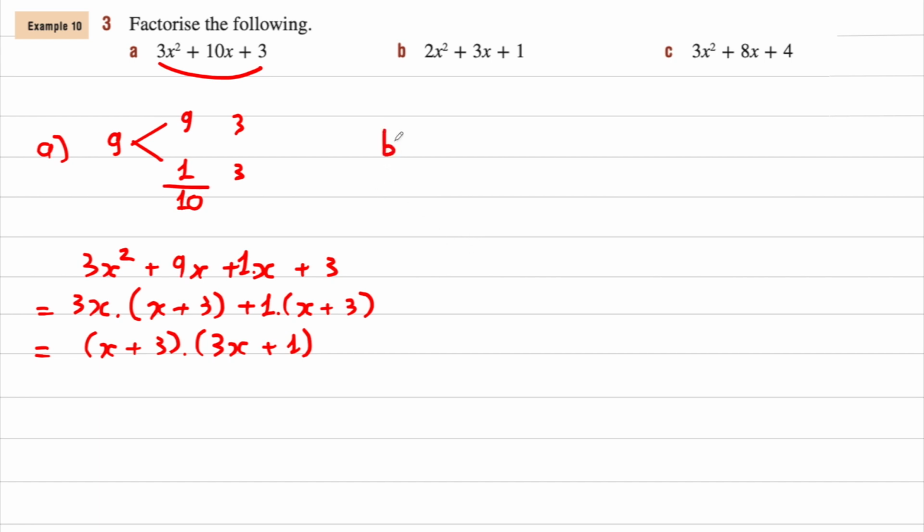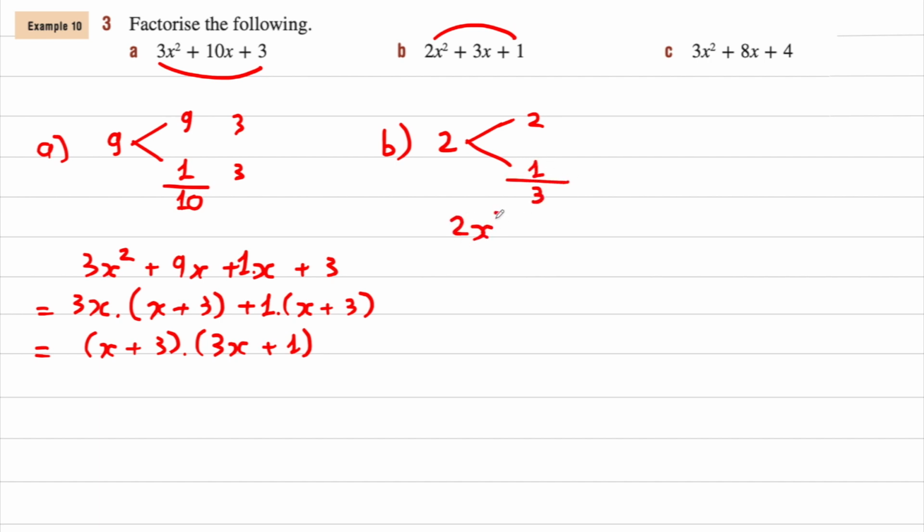Okay. Question B. The first number and the last number are 2 and 1. Their product will be 2, so I need two numbers that have a sum of 3. I will separate 2 into 2 and 1, so their sum will be 3.